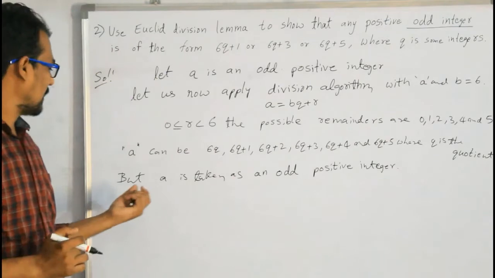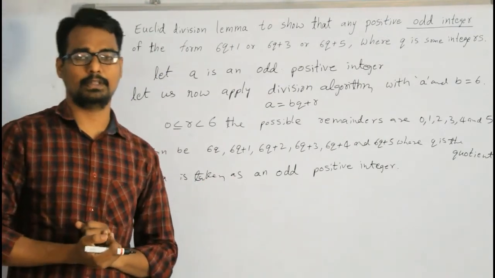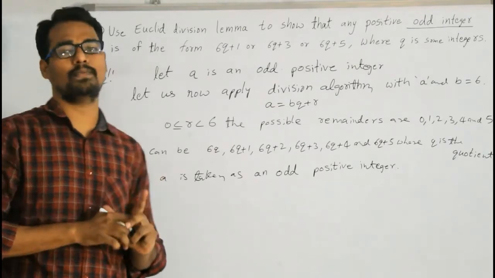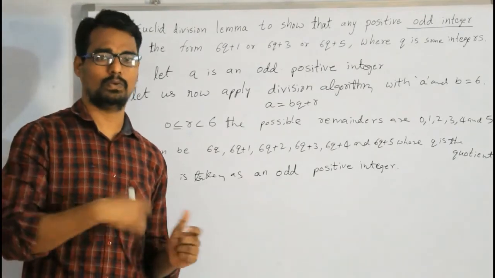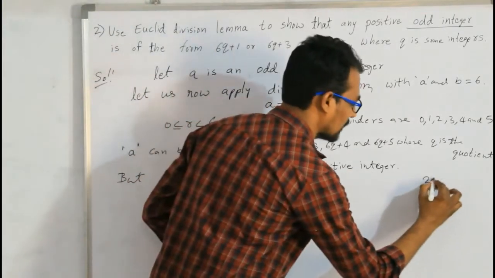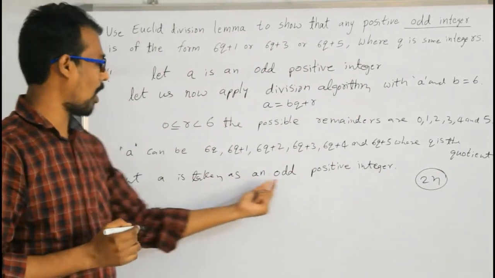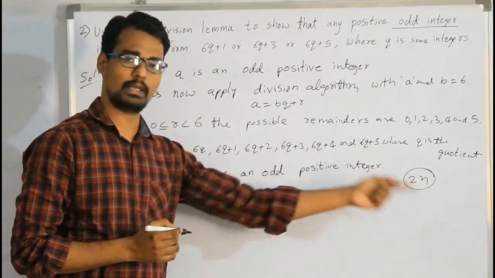So a is taken as an odd positive integer. It means it is not an even number, so it is not of the 2n form. Even numbers are of the form 2 into n. If this form is there, it is an even number. So a is an odd number, which means it is not an even number.